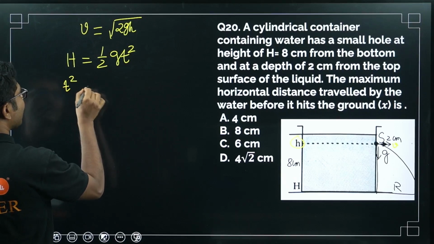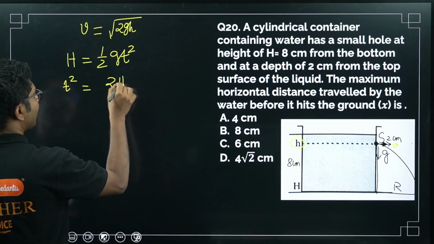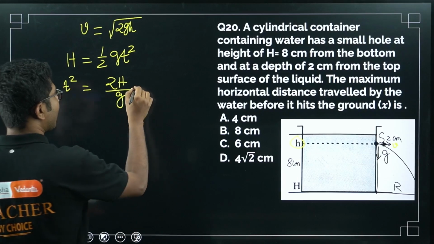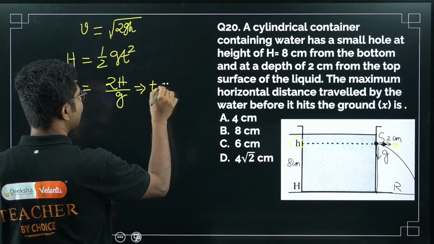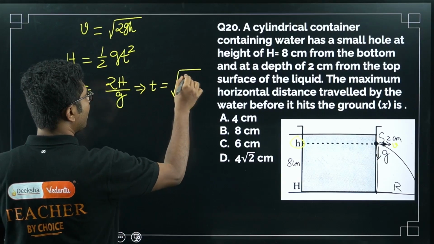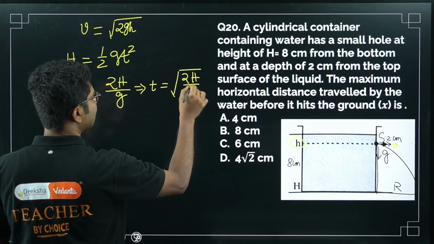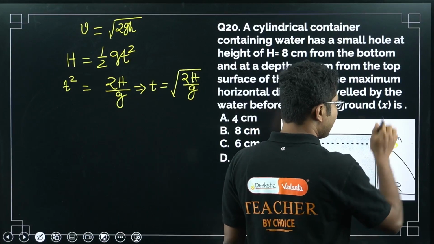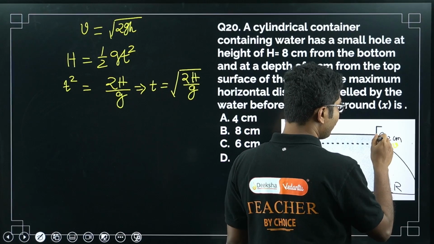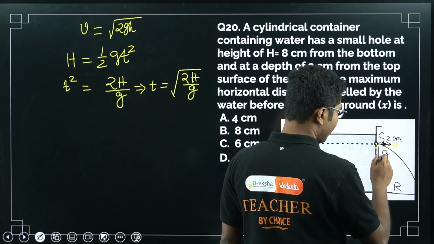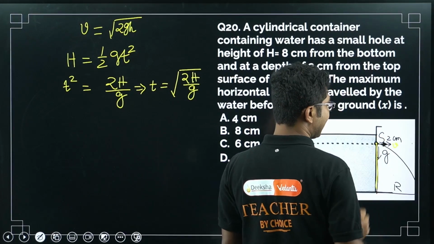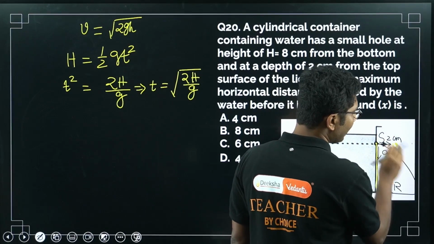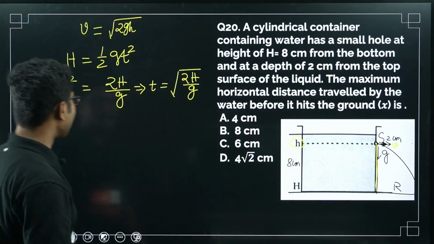So t square is equal to 2h by g, and from there we can find the time. Time is equal to the square root of 2h by g. This is the time taken by the drop to reach from here to here. Now at the same time there is a horizontal speed as well, so it is moving in this direction too. So what is the range?